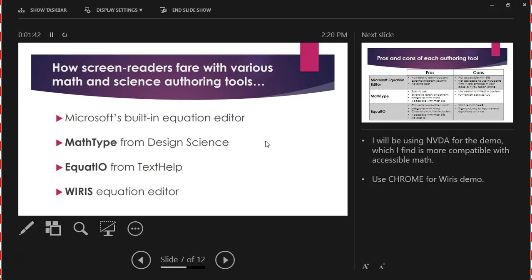If you have your own computer, you can certainly play with it, and I'll show you a demo of it today. And then last but not least, Wyrus is an equation editor for Canvas.